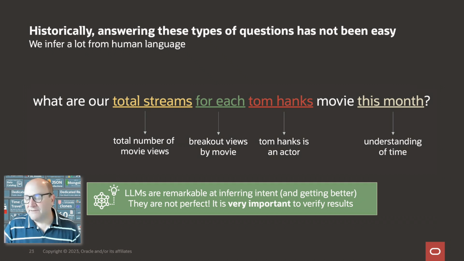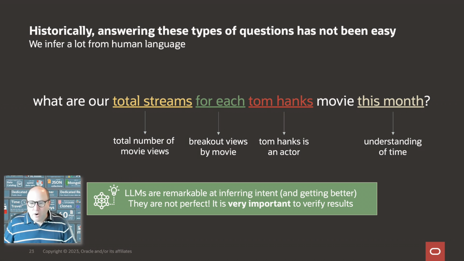And of course, there's a native understanding of time. As we go through this, our language is not precise, right? That's a key takeaway. It's very easy for me to ask Marcos a question, and he gives me an answer I wasn't expecting, because I wasn't precise enough in asking my question. Large language models are the same.